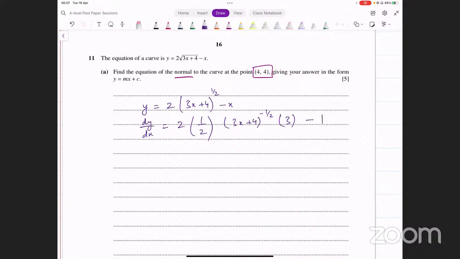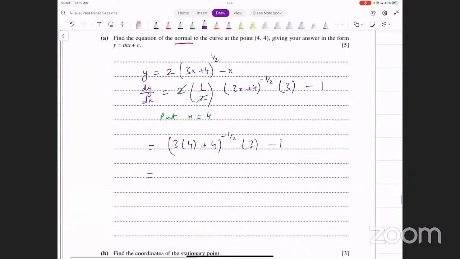अब क्या करें? इस point का x coordinate इसके अंदर input कर दें. You say x equals 4. What do we get from that? We get 3 into 4 plus 4 whole raised to power minus 1 over 2 into 3 minus 1.